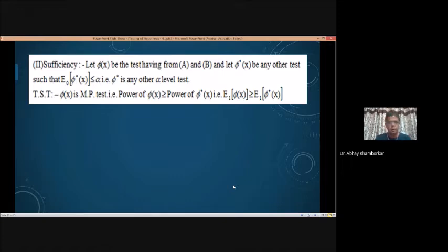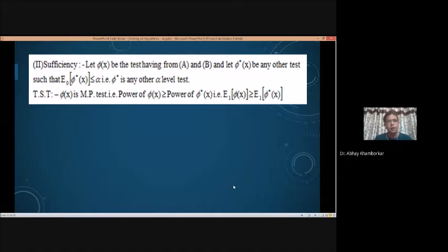Then we will calculate the power of phi of x and any other alpha level test. We'll compare the power of both the tests, and if power of phi of x is greater than or equal to power of any other test, then we say that phi of x is most powerful test. So this is the way we are going to prove whether the given test is most powerful or not. So that is what I have written here.